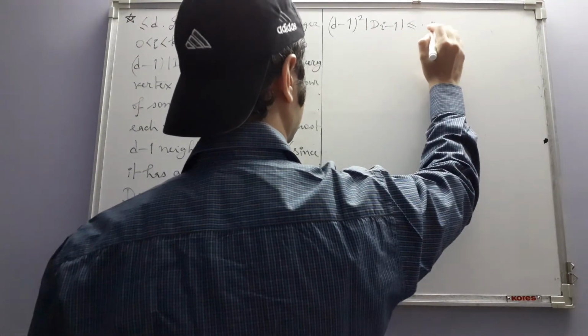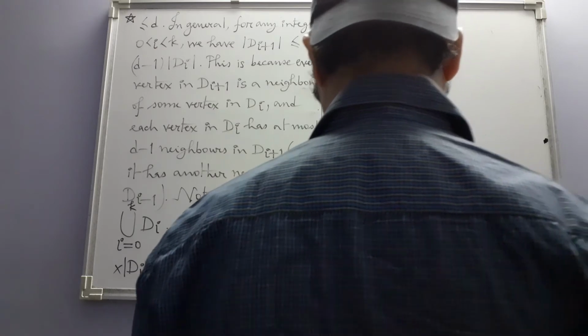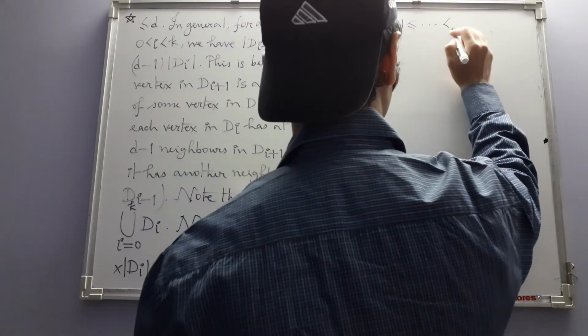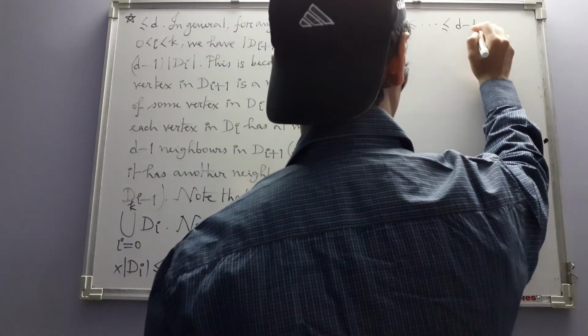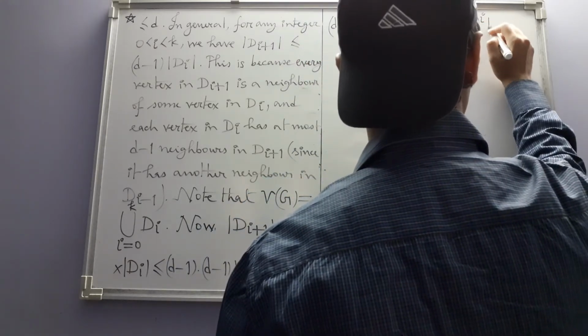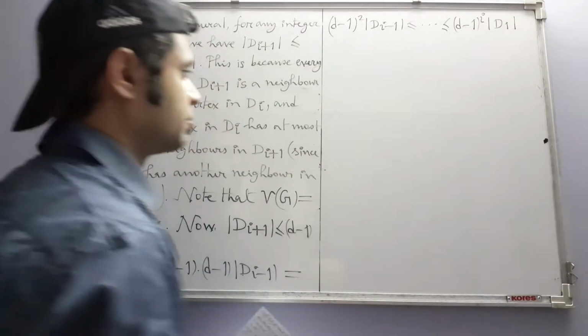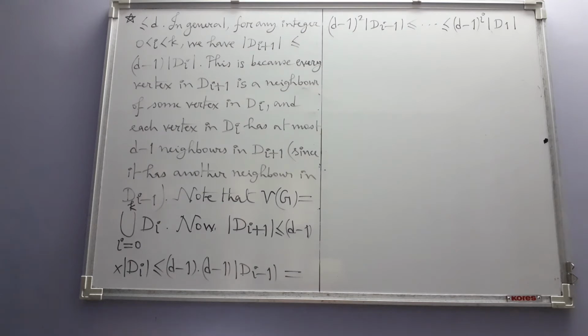Like this we can continue, and we will ultimately get to d minus 1 to the power i times the number of elements in D1. You can see why that will happen.